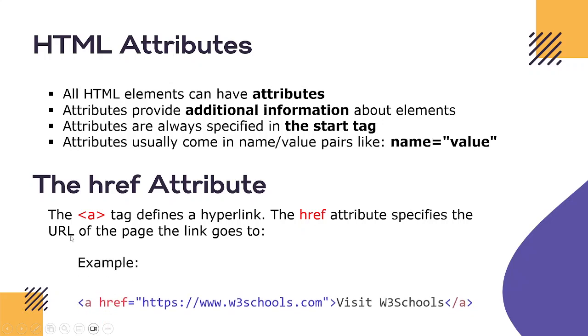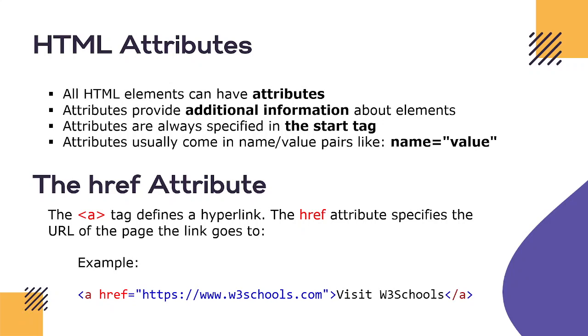Okay, so example: a href equals double quote https colon double slash w3schools.com, double quote, close with the greater than symbol, then Visit W3Schools, then close it. Close the A only because that is the tag for the hyperlink.